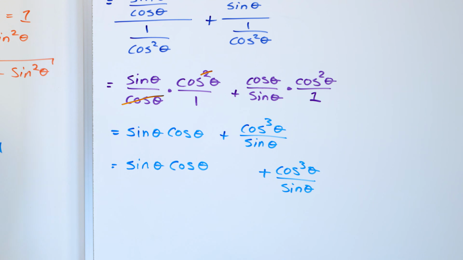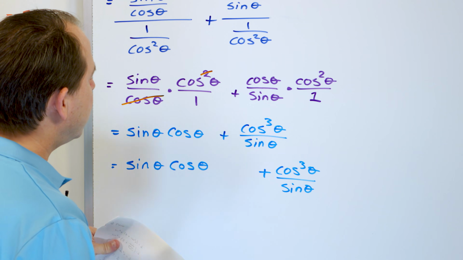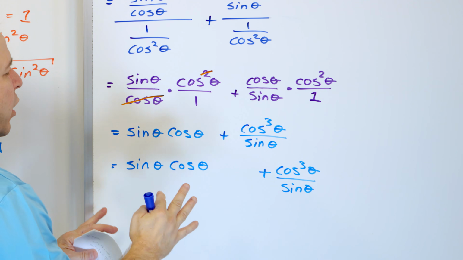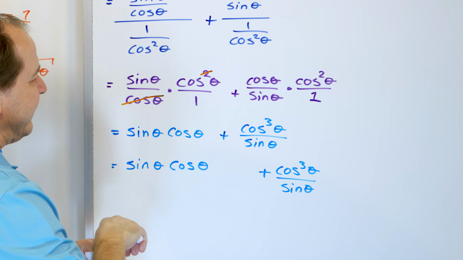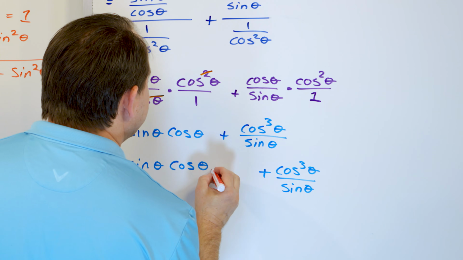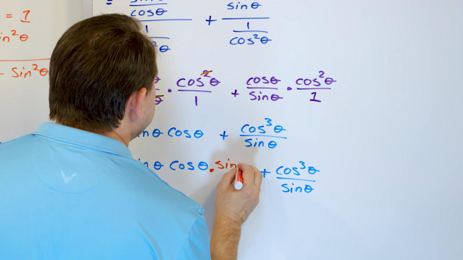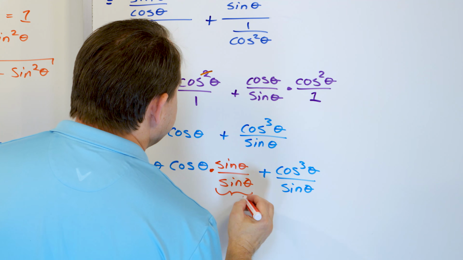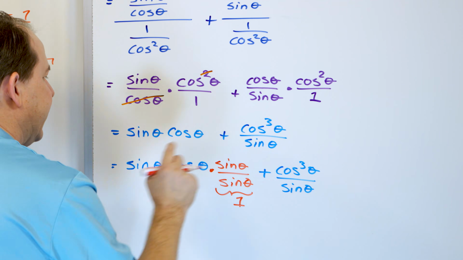We need to get a common denominator. And remember, a common denominator, we're going to use sine of theta. Any common denominator will work, but we want to choose a common denominator that's easy to get. So what I'm going to do is take this term and multiply it by the sine of theta over the sine of theta. Notice that this term is just equal to 1, so I'm not changing anything here.